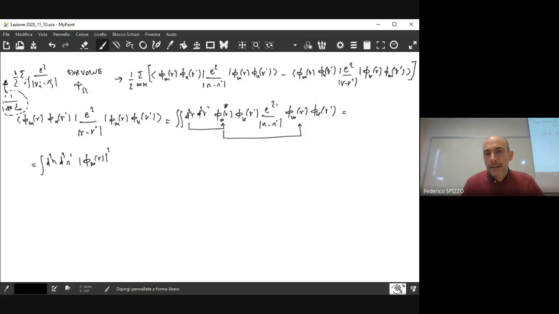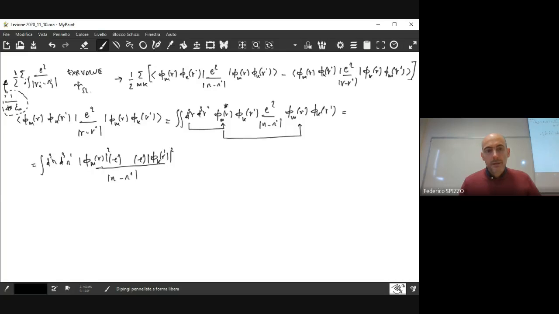So we have the integral over d3r and d3r prime of the square modulus of phi m. Just let me divide e squared into minus e times minus e. So this is square modulus of phi m times minus e, then for the same motivation, minus e times the square modulus of phi k of r prime, divided by r minus r prime.